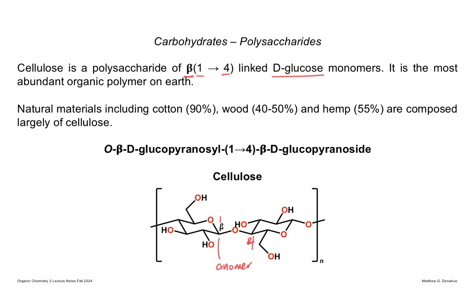Overall, that's an ether linkage. If you notice in the square brackets, that n is the repeating unit of cellulose. Natural materials, including cotton, wood, and hemp, are largely composed of cellulose.